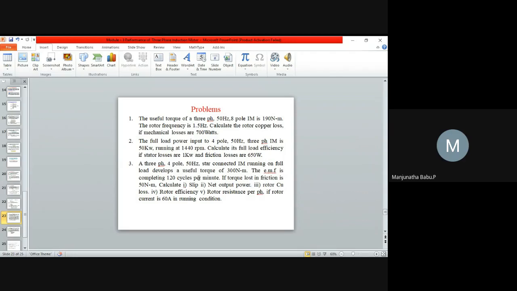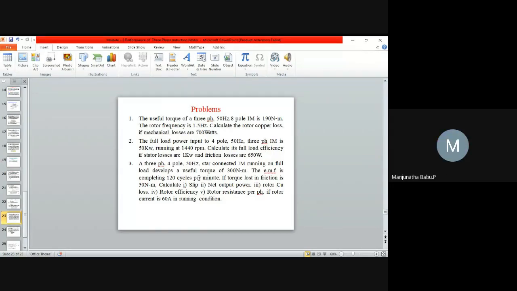So 120 cycles per minute, FR will be equal to 120 by 60. So rotor frequency is 120 by 60, which gives 2 Hertz. So that is FR. Rotor frequency is 2 Hertz. Then what will be the slip?